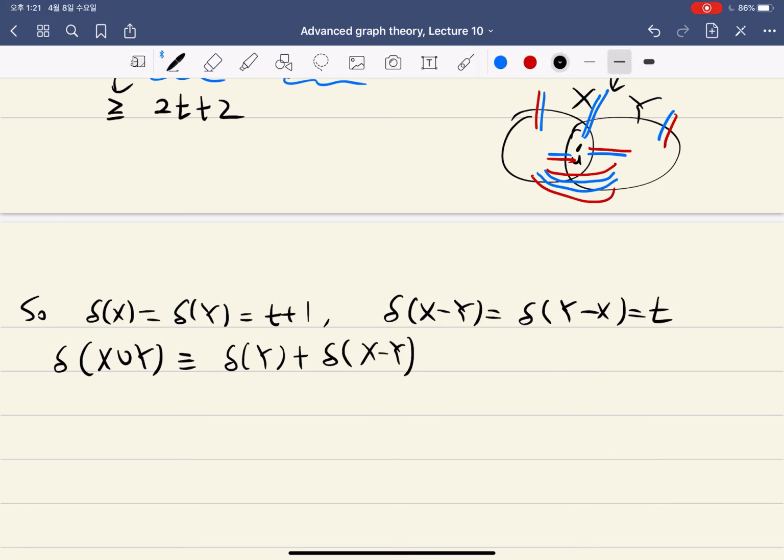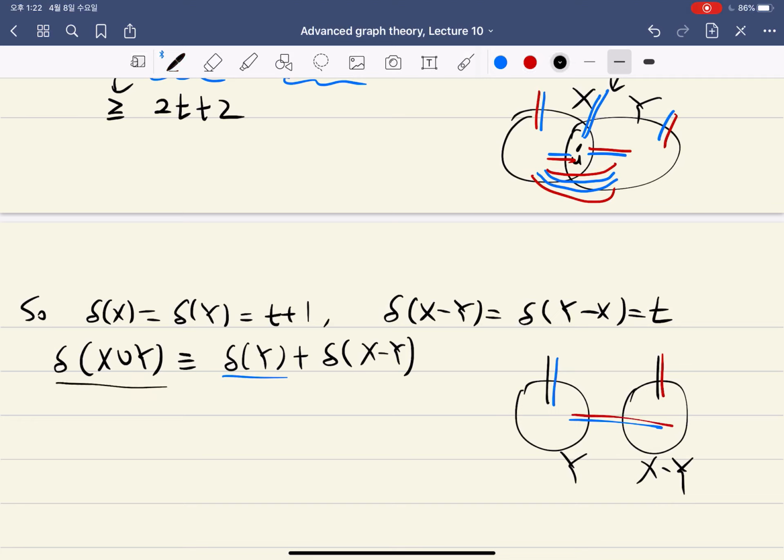Sorry. So let's just say we have two sets, Y and X minus Y. And in the left hand side, it counts all the edges of, say, this type. And here it counts all the edges of this type and this type, and this type and this type.